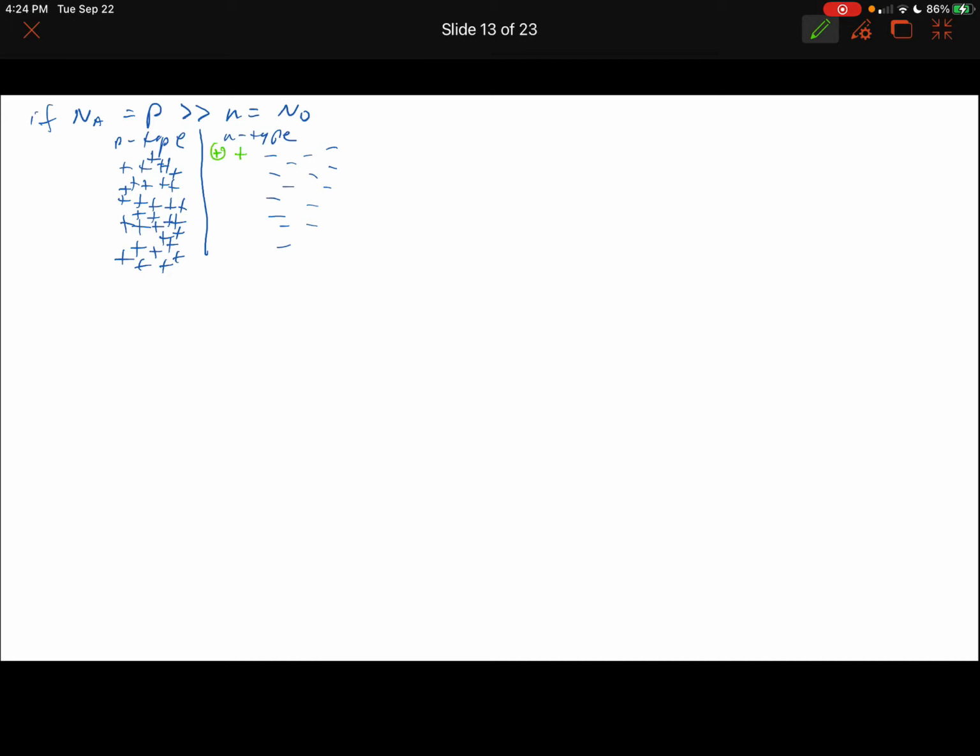Most of the depletion region will be in the n-type side, because if I've got 2, 4, 6, 8 fixed charges in the n-type side, then I just need 8 of these on the p-type side. 1, 2, 3.